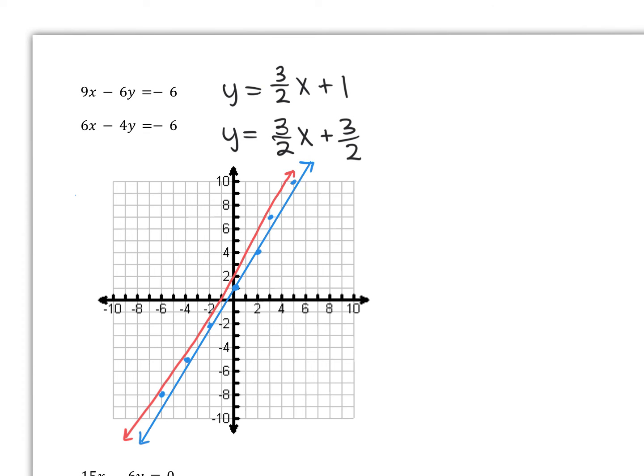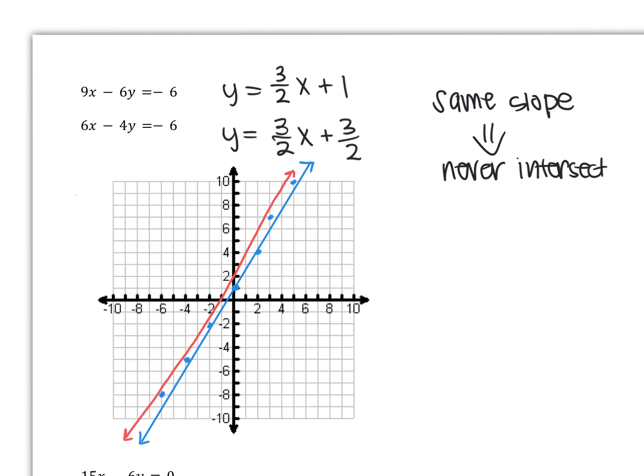I know this isn't a very accurate representation, but their y-intercepts are so close to each other that it's going to be very difficult for me to graph this. But another key thing you can notice is if you're looking at a system of equations with the same slope, that means they're never going to intersect. That should be an immediate red flag to you that there is no solution.